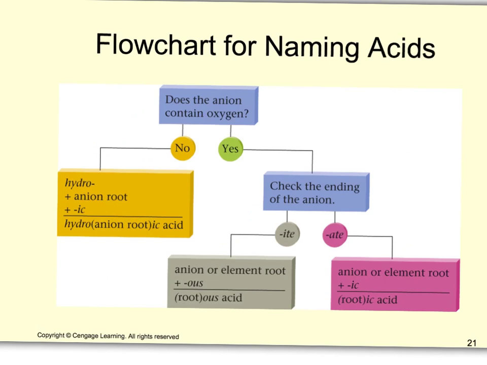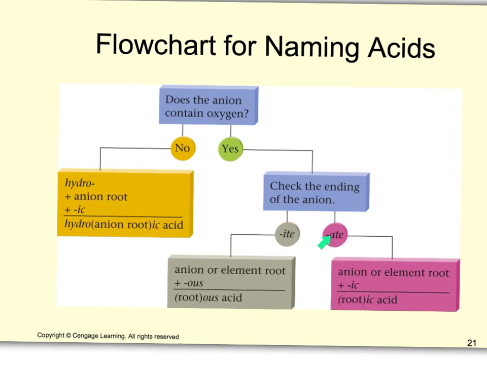And so as we look at these, we're going to look at, does the anion contain oxygen? If yes, then we're going to look the anion up on our chart from our slides back. And if that substance ends in ITE, then we're going to drop the ITE ending, add OUS, followed by the word acid.